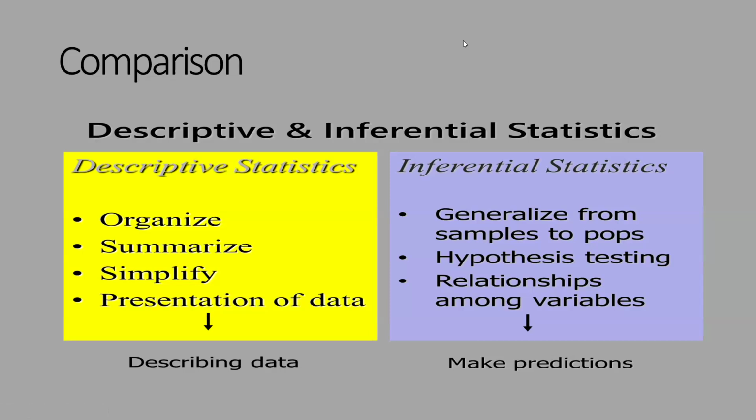Okay. So collect all the data, organize the data, summarize the data, and simplify. Discard all the data which is not actually required for your research purpose. For example, say you're collecting information from a group of cricketers.